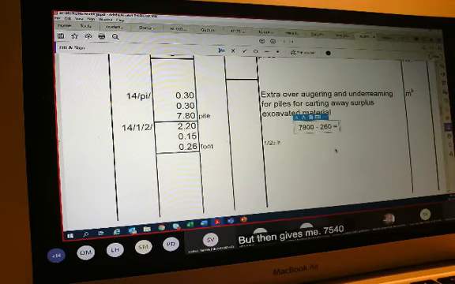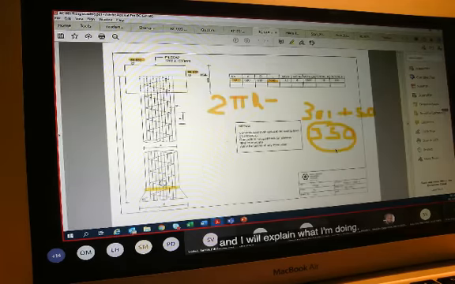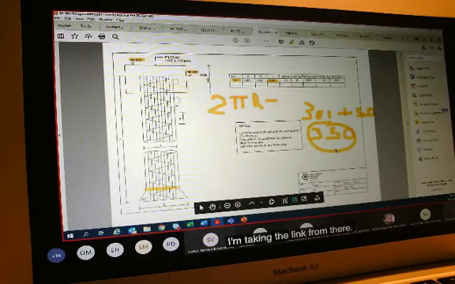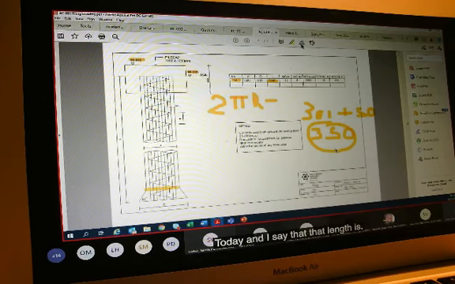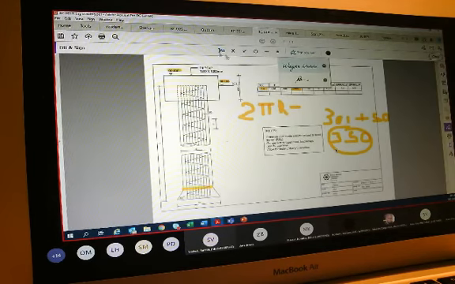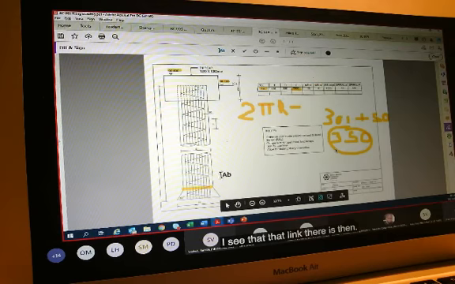I say 800 minus 260, and that gives me, what does that give me? 800 minus 260 then gives me 7540 millimeters.